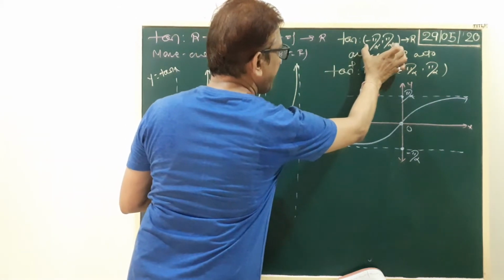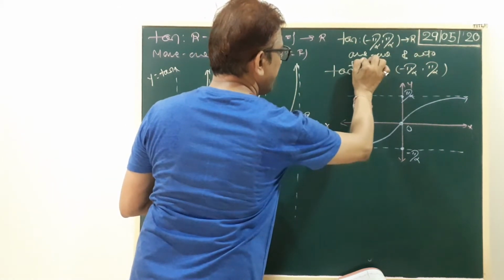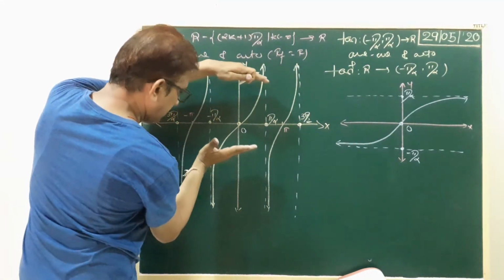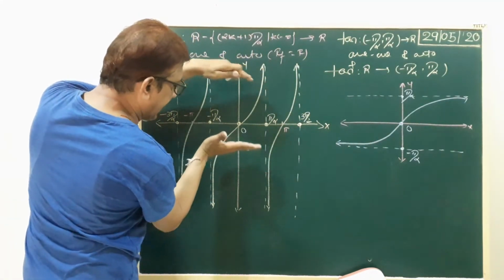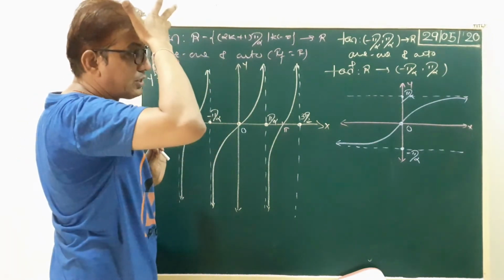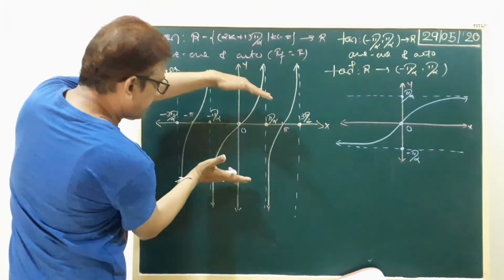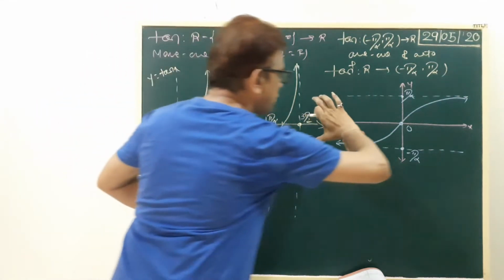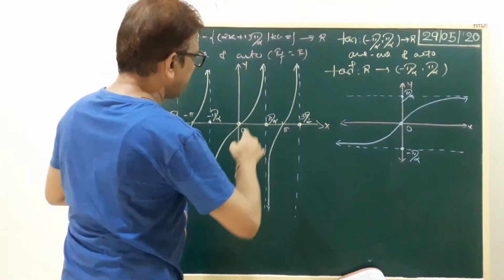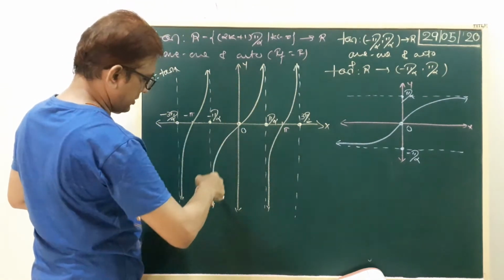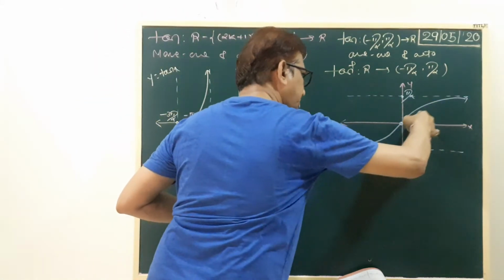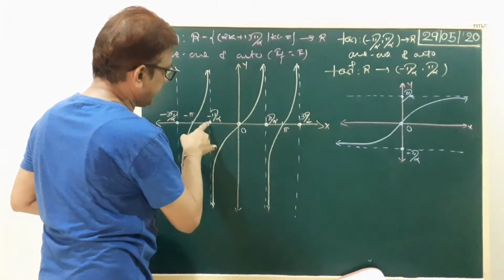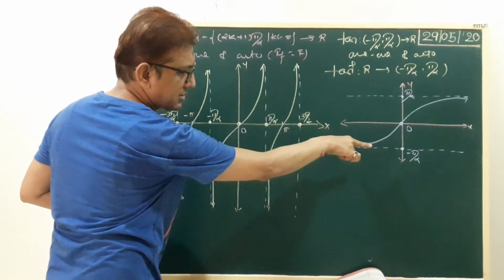Minus pi by 2 to pi by 2, open interval, tends to R. So therefore it is one-one and onto. Now rotate anti-clockwise, right? This one. So this line is the vertical line, and now this line is the horizontal line. Right? This graph here. So pi by 2 is on the y-axis, and minus pi by 2 is below the x-axis. Is that clear?